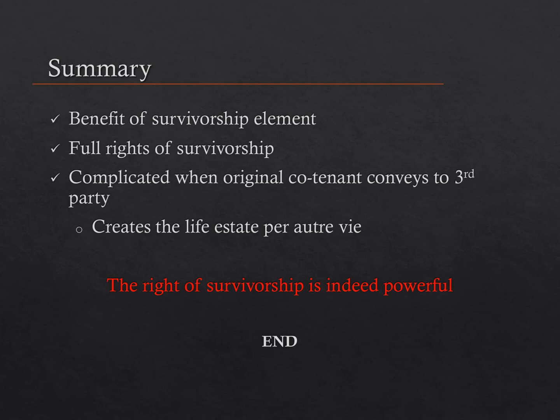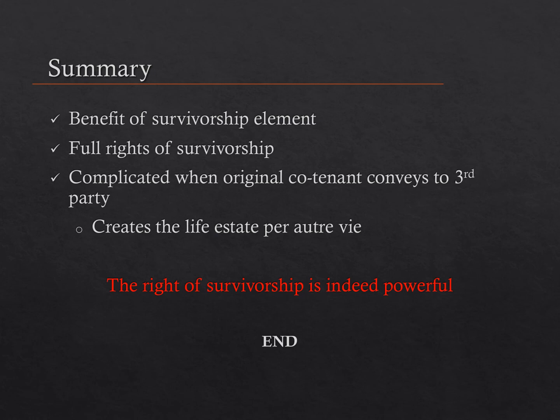The full rights of survivorship is what distinguishes this from the traditional joint tenancy and makes it very, very tricky when you have a conveyance from the original co-tenant to a third party, creating the life estate per autre vie. Just try to remember when you've got this estate, you have to remember who the original grantees were, and then they stay in play as time goes on. Unless they all convey their interest away, you have to pay attention to who's passed away when and who's conveyed their interest to a third party.